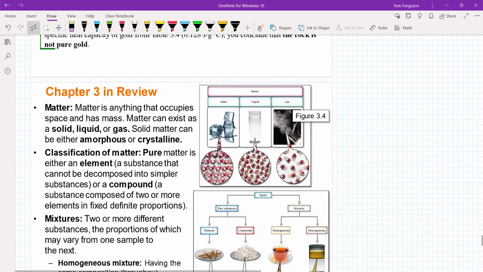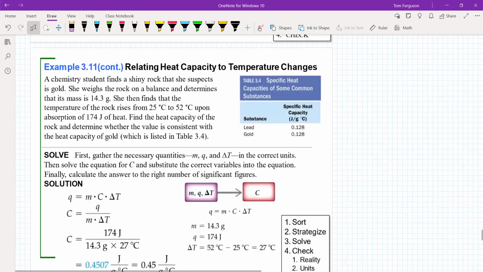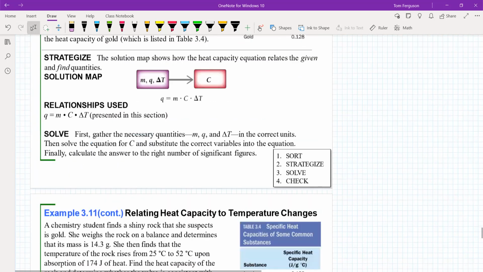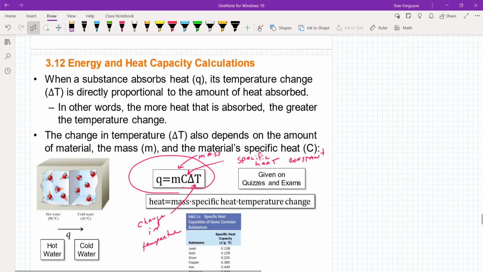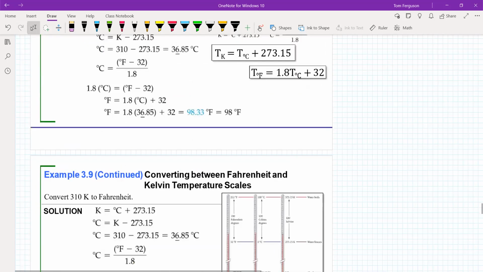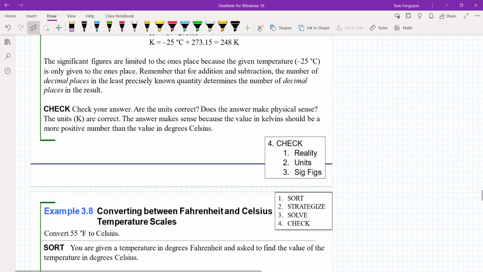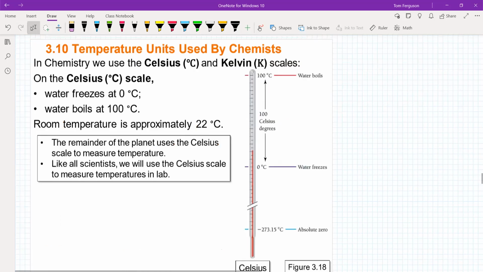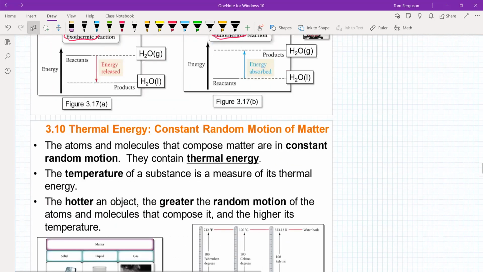Okay, so that's the main part I wanted to cover in chapter 3, the heat capacity related problems and this concept of energy. We need Dramamine in a while here.